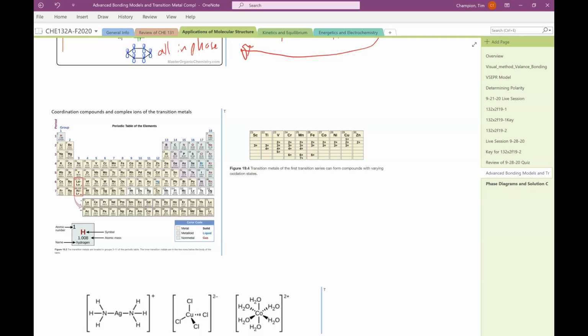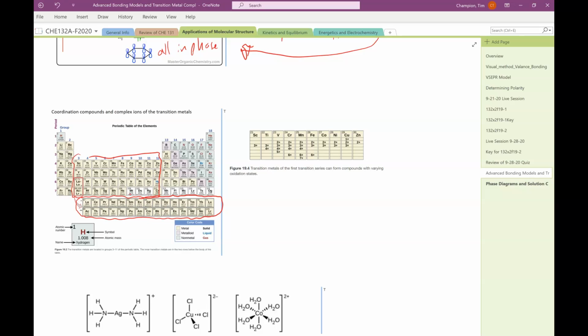So the transition metals, this inner block here, these are the transition metals. And then down here, these lanthanides and actinides are called the inner transition metals. The way these things form compounds is a little different.